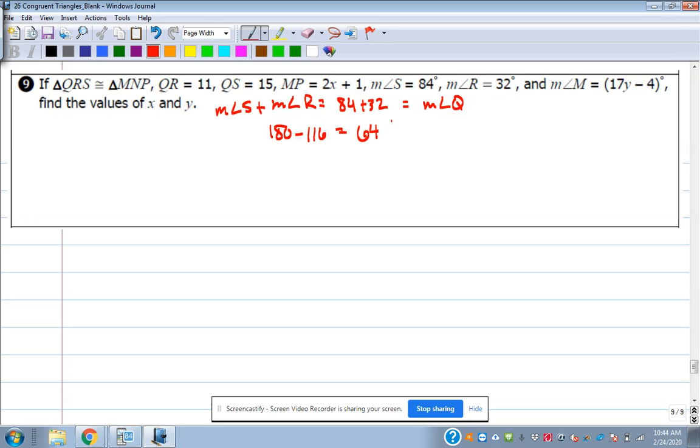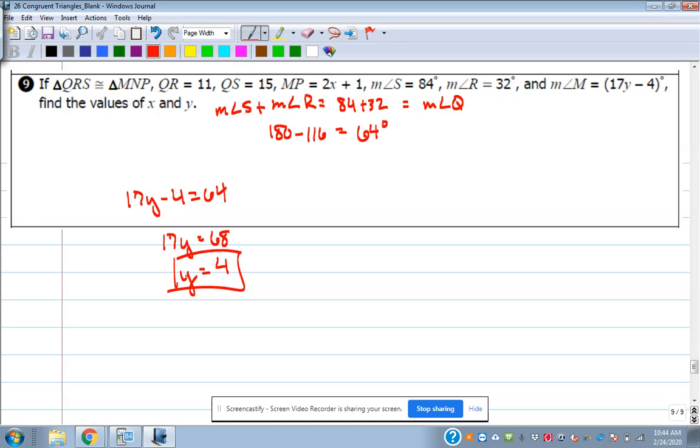Is that right? 64 degrees. And then you can set 64 degrees equal to the 17y minus 4 equals 64. Y should be 4.